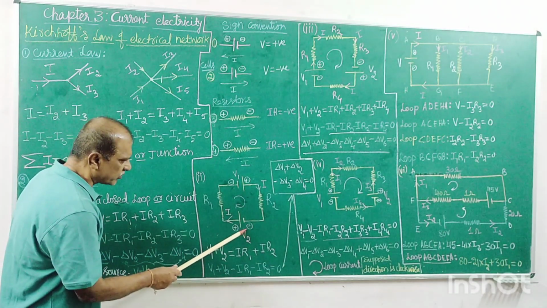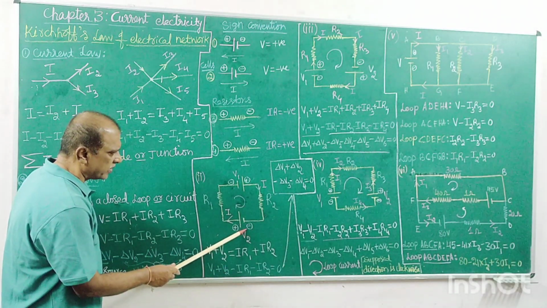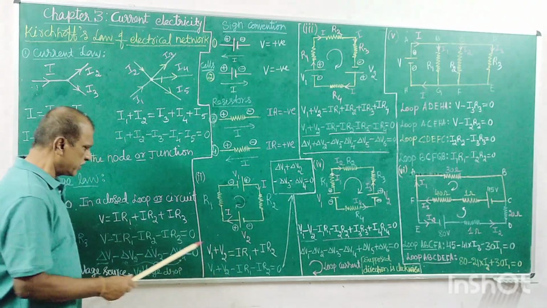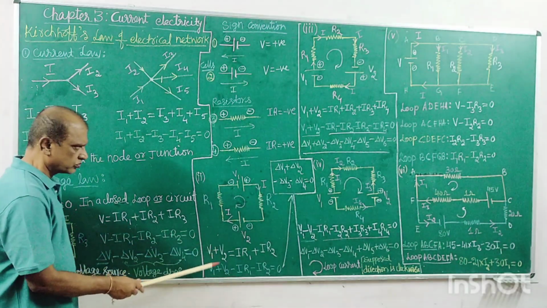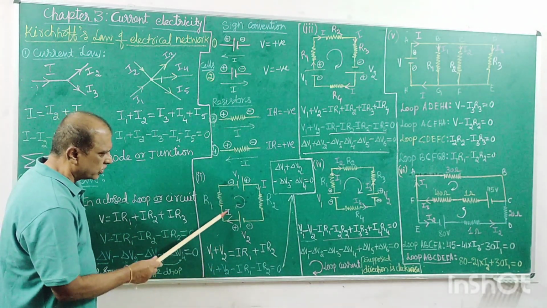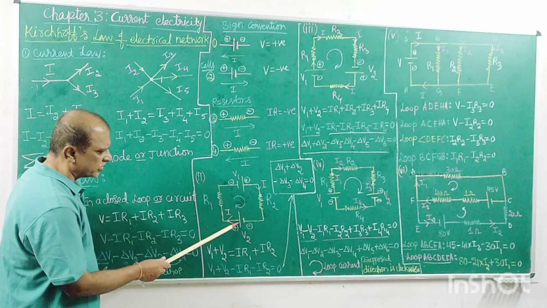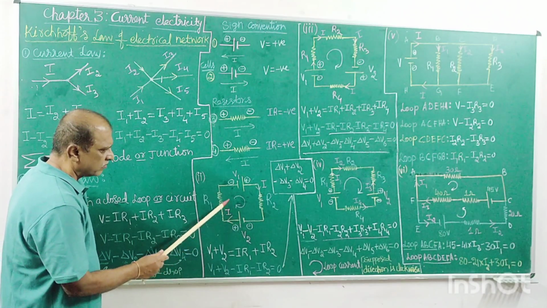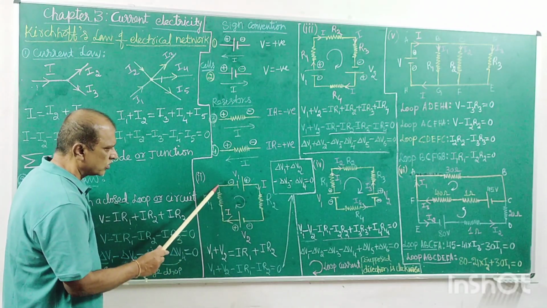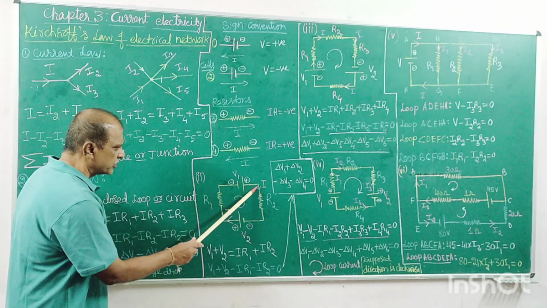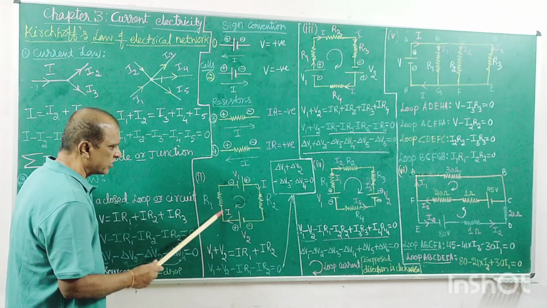Then look at this, applying the sign convention for the voltage law. So here we apply the sign convention for this voltage law for this loop, from this point to this point, and this point back again.